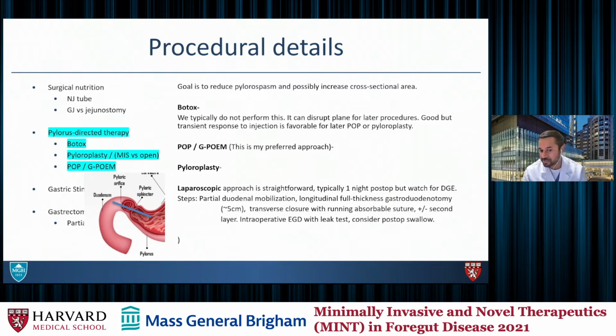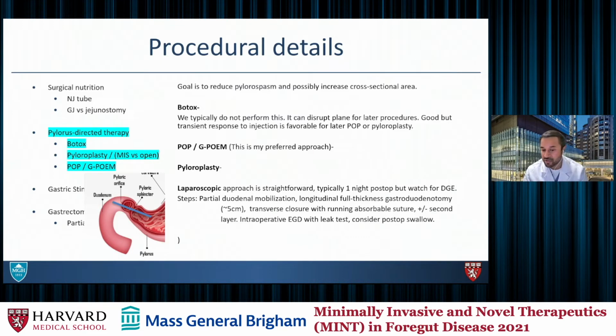Pyloroplasty can be performed laparoscopically or robotically. It's a very straightforward procedure. Typically, the patient stays in the hospital for about 1 day. We make sure that they don't have any leaks, and then we watch out for any delayed gastric emptying. Some of the steps of the procedure are that you have to do a partial duodenal mobilization and perform a longitudinal full-thickness gastroduodenotomy, which is about 5 centimeters.